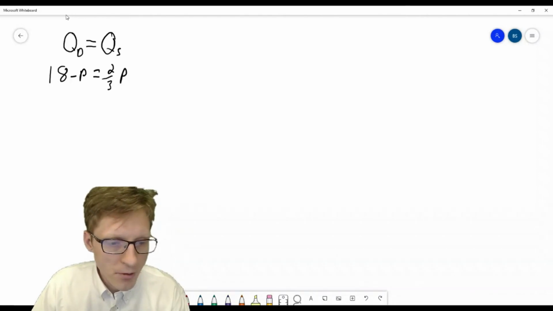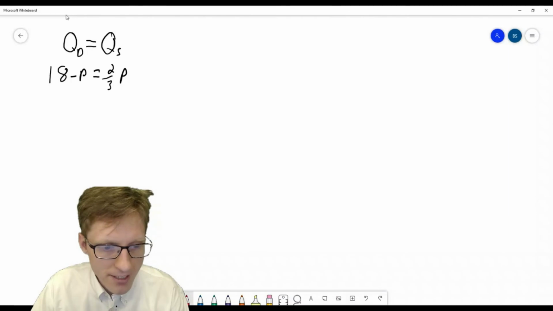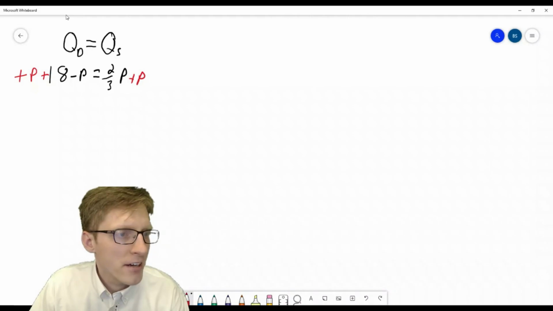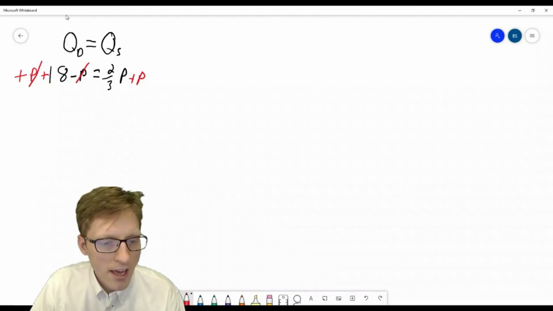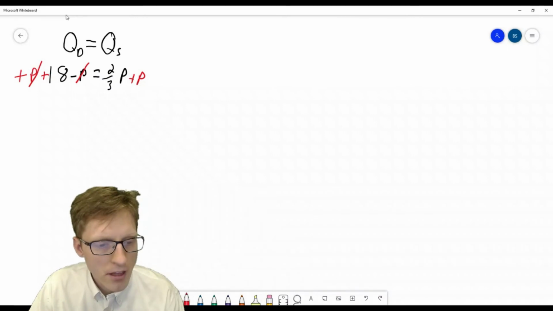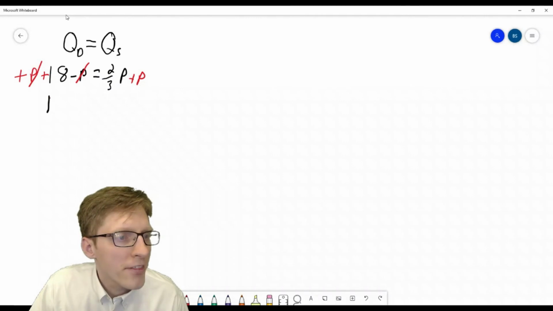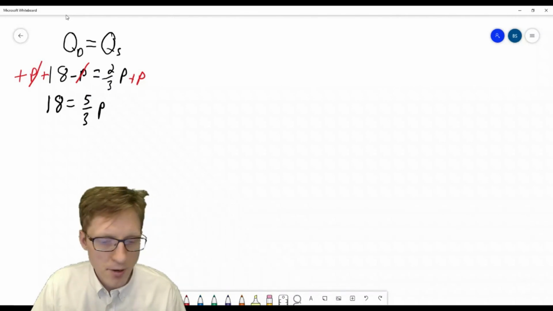So we can add price to both sides. Here this P cancels this P on the left-hand side. And what we're left with is 18 is equal to 5/3 times the price.